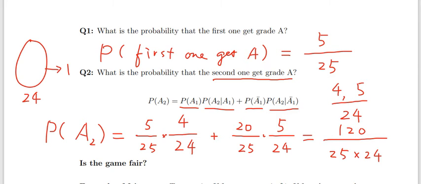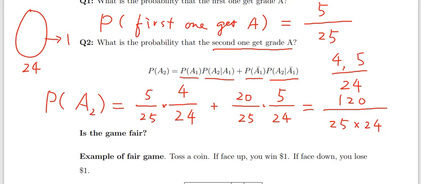We find 120 can be factored as 24 multiplied by 5. 24 multiplied by 5 is 120, right? So here 25 and 24, cancel 24, we get 5 over 25.